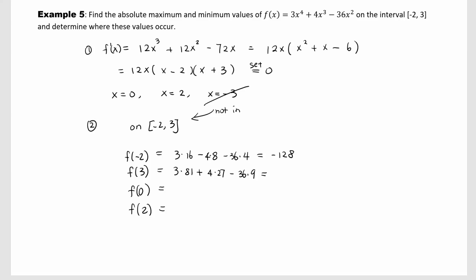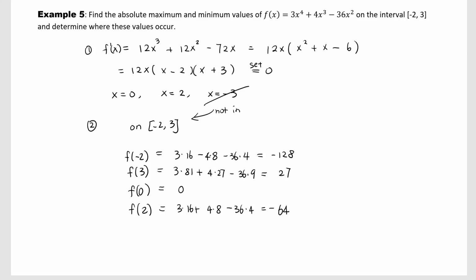Put this in your calculator. You will get 27. And when we plug in 0, oh, that's nice, just 0. We plug in 2: 2 to the 4th is 16, 2 cubed is 8, 2 squared is 4. Put this in your calculator, we get -64.